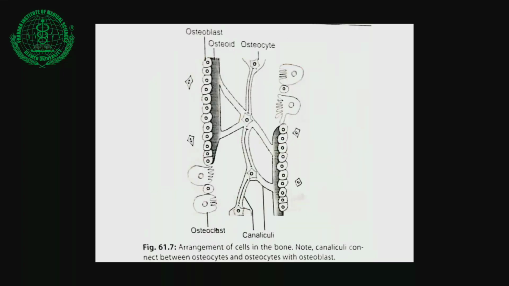Coming to the structure of the bone, there are two parts, the outer cortex and the inner trabeculae. The cortical bone, also called compact bone, constitutes 80% of the total bone mass.